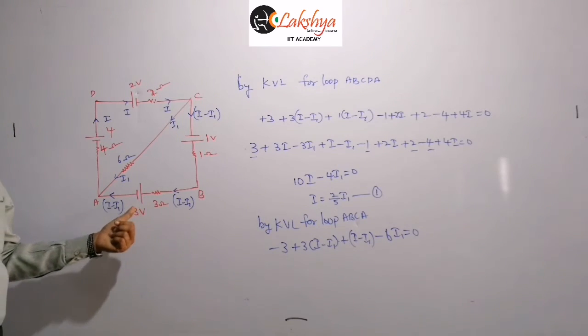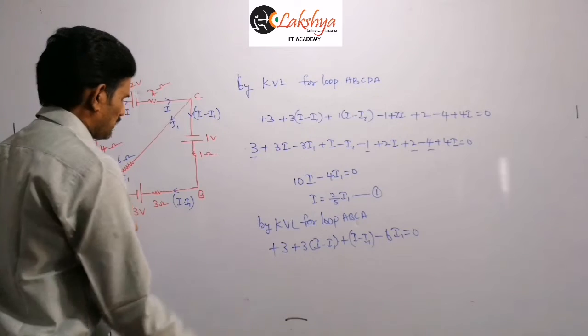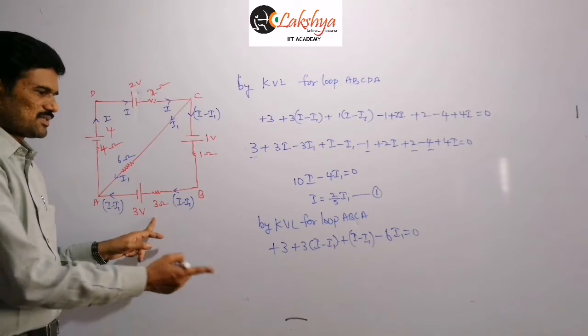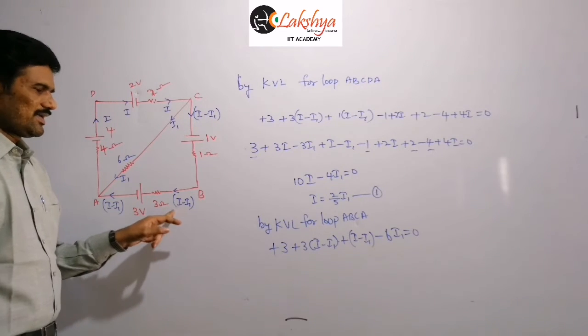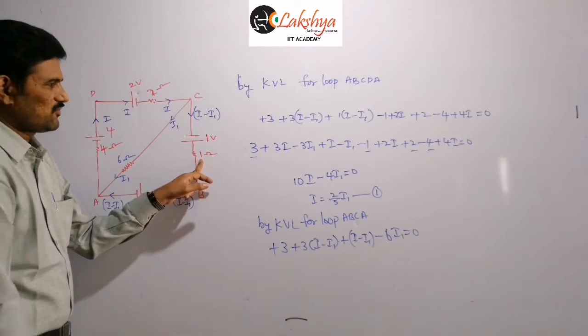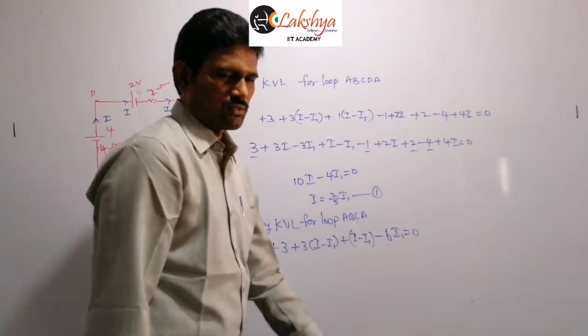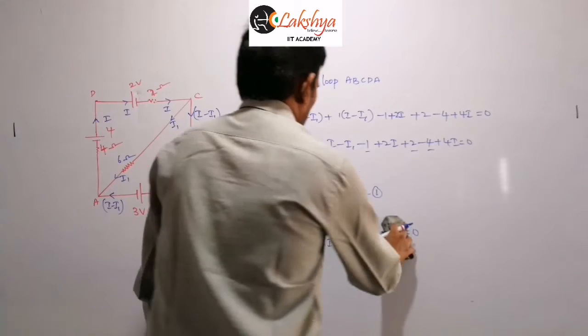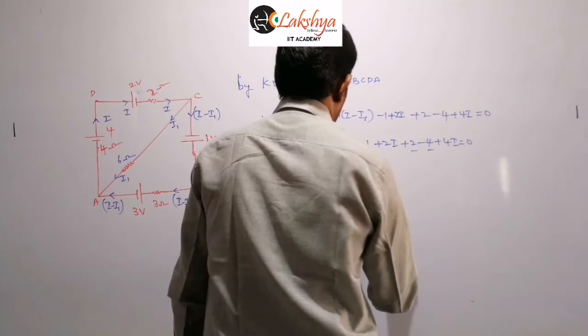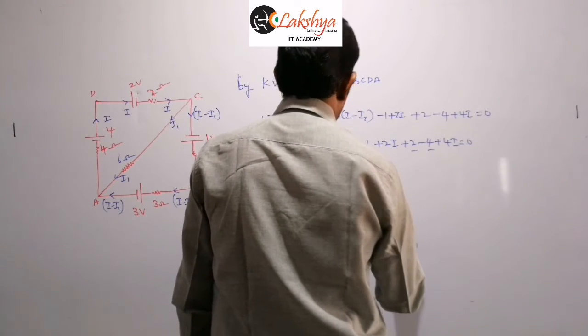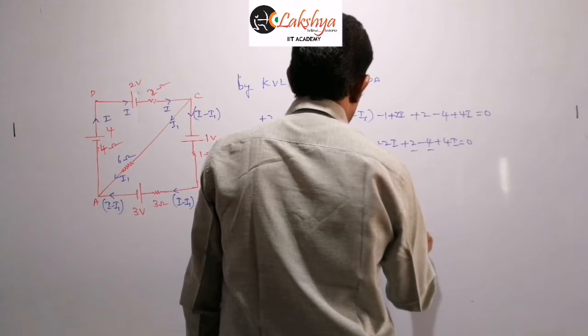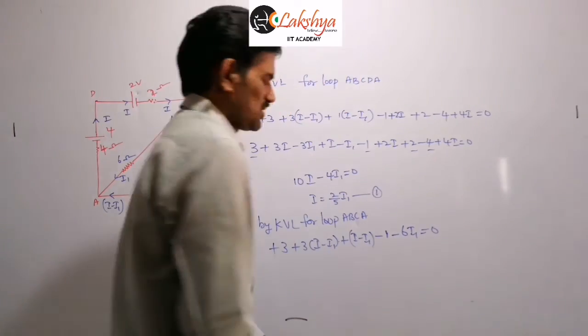So minus, this is plus 3 and this is plus 3 into I, the IR formula, and this is also plus IR formula, and this is minus 1, so here minus 1 should be there. So this is minus 1 and then after that minus 6i1, this value is equal to 0, right?